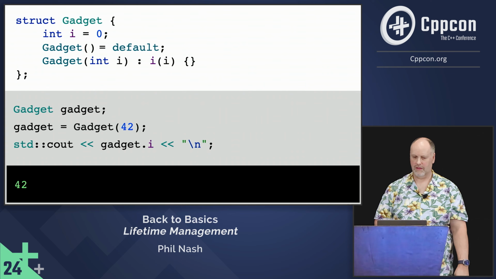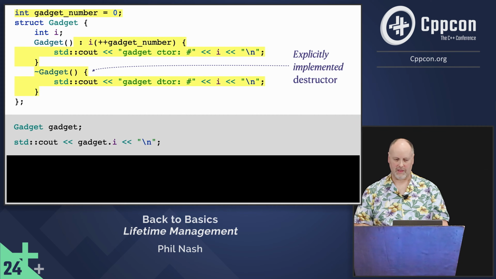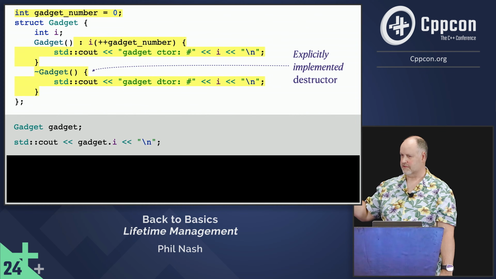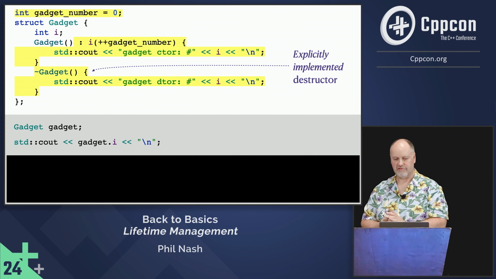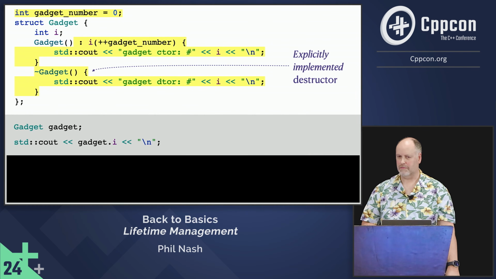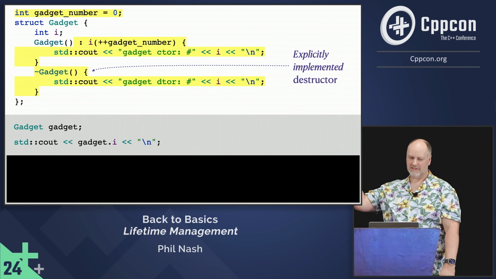All right. Let's do something a little bit different. And I'm going to add a destructor and some other bits, but talking about the destructor first. We know how destructors work. In this case, all we're going to do in the destructor is just write something out. We're writing something out in the constructor as well. I'm sure we've used this pattern before. But I've also got this extra bit.